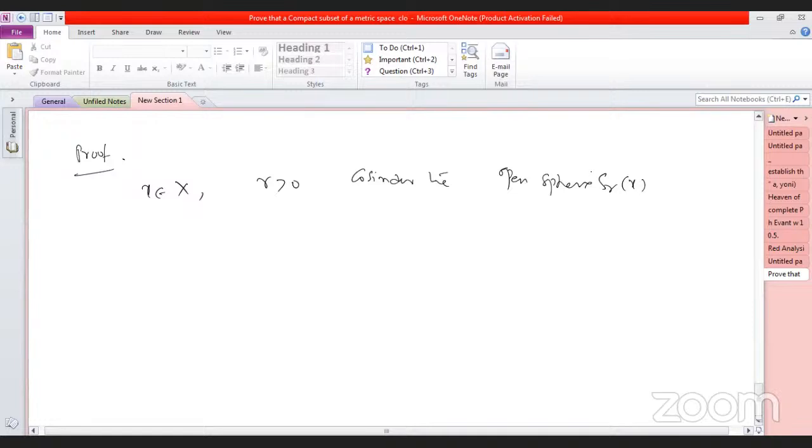r greater than 0, open sphere S_r(x). y belongs to S_r(x). So what can we write, d of x, y less than r. So S_r1(y), where r1 equals r minus d of x, y. We already know that S_r1(y) is a subset of S_r(x). So z belongs to S_r1(y).